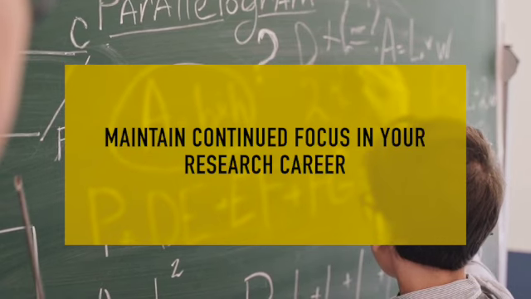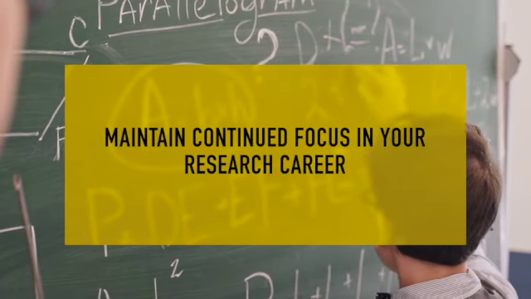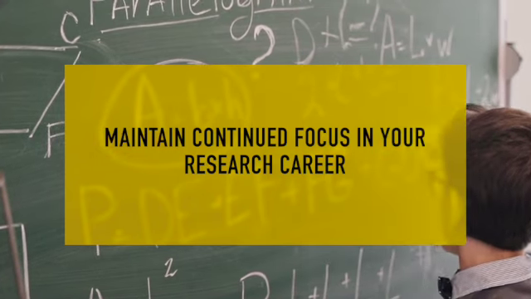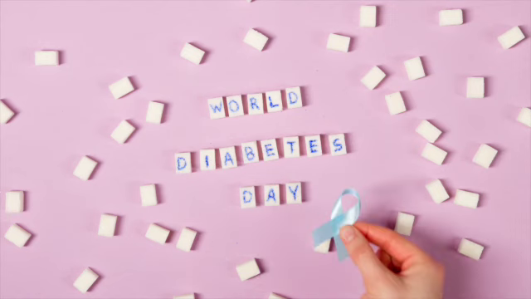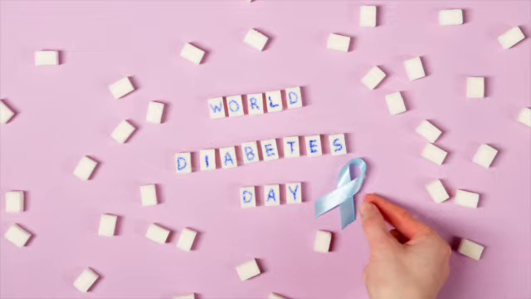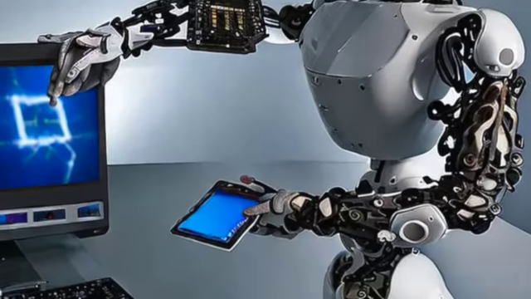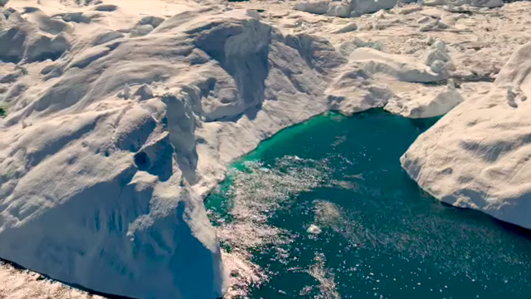Another important suggestion is to maintain continued focus in your research career. Let me explain this with an example. Suppose one year you work on diabetes, the next year on fish biology, then on artificial intelligence, and later on climate change.